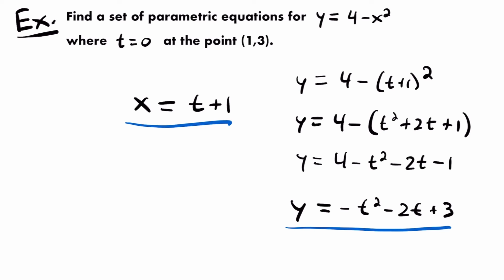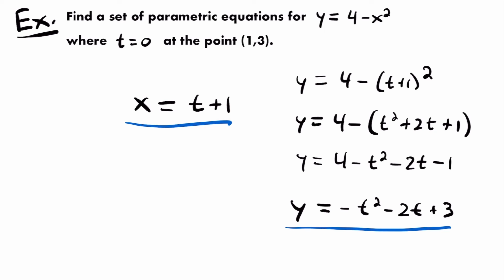All we're missing is our interval, and in this case, there's going to be no restriction on our value of t, right? We're just told a specific value of t for a point of this function. We're not told that it starts or ends at any specific points, so we don't have an initial point or a terminal point, at least that we're aware of.